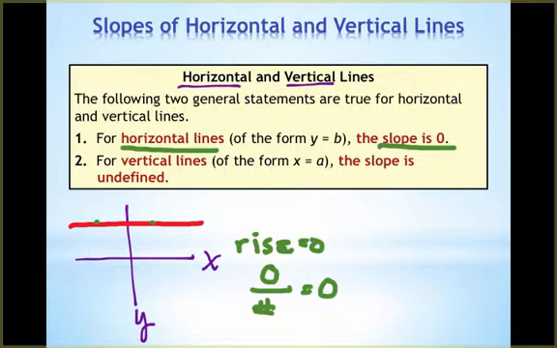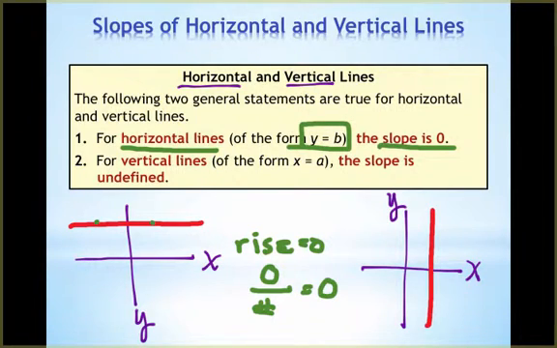And you also need to note that the equation of a horizontal line is always of the form y equals a constant. Now, what if I have a vertical line? So let's say that we now have, instead of a horizontal line, a vertical line. Well, if I look at 2 points that fall on that line, if I start doing the rise and run, these do have a rise, but there's no run.